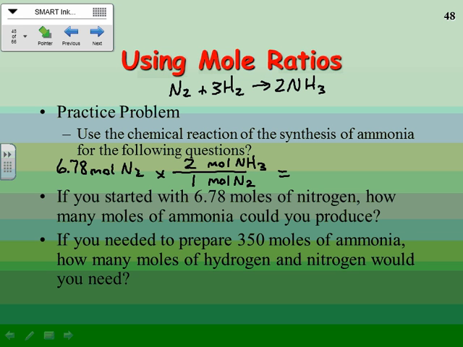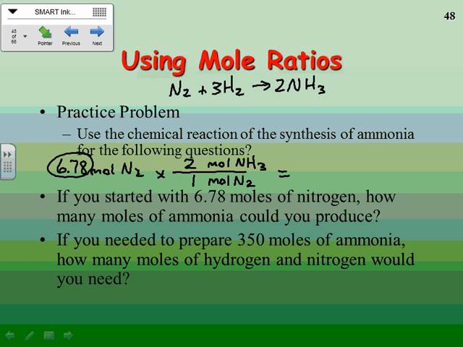This is a good spot to stop and talk about significant figures again for just a second. 13.56 is the number my calculator is giving me. How many sig figs do I need in this particular answer? 3, right? I started with 3 right here.